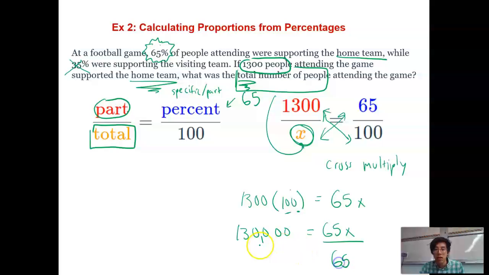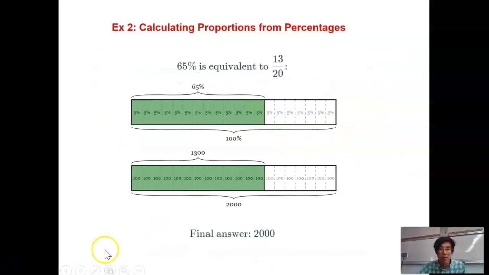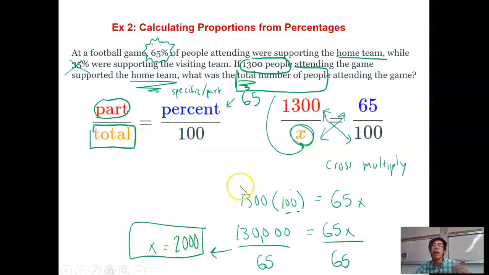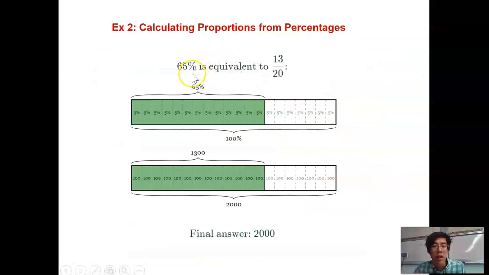So divide both sides by 65, and that is going to give me x equals 2,000. Okay, x equals 2,000. That's my answer. And let's look at a quick visual of what that means. All right.